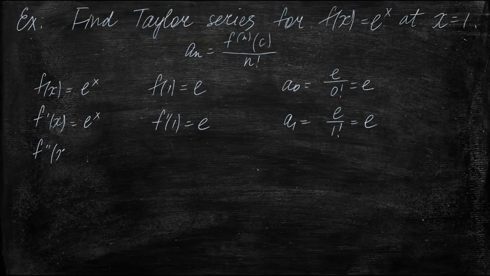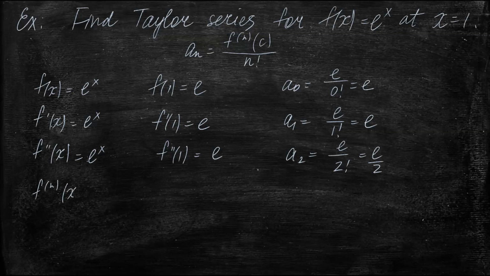And we're going to continue this process again, and e to the x is such a nice function that we'll be able to exploit the pattern very soon. And the nth derivative is e to the x, so the nth derivative evaluated at 1 is always going to be e, so the nth coefficient will be e divided by n factorial, which means that we are now ready to write the Taylor series for e to the x.